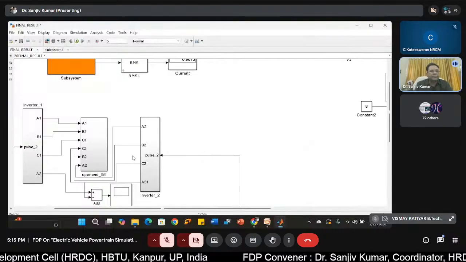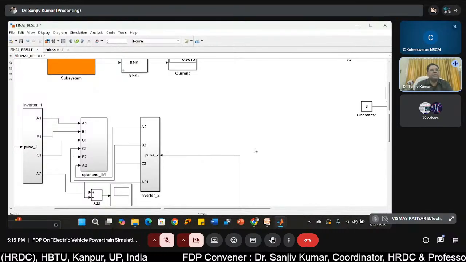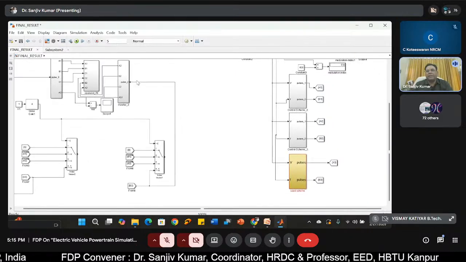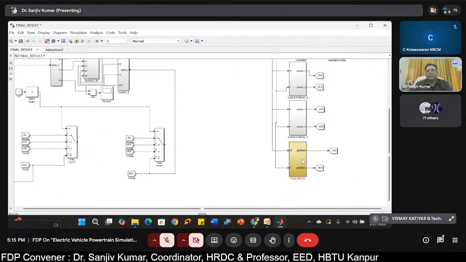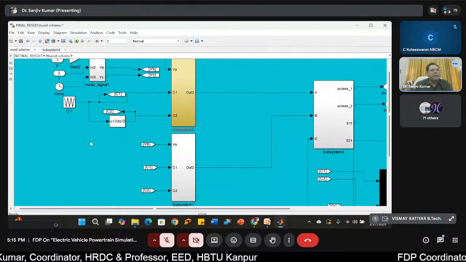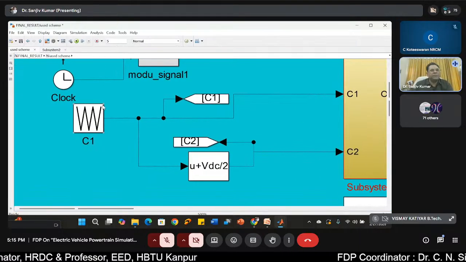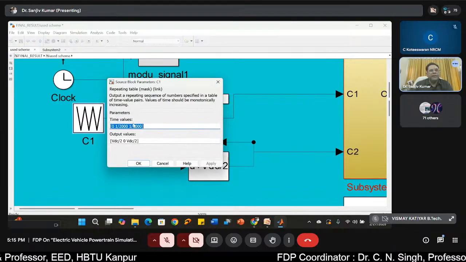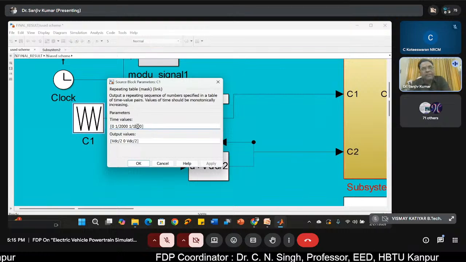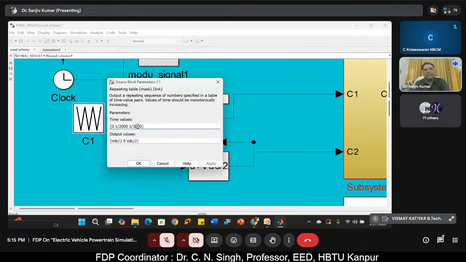I'll show you here. Just see, this was the simulation. Here are the pulses which we are generating. Just see the switching frequency, 1 by 1000. The triangular pulse frequency is 1 by the time period, that is 1000.